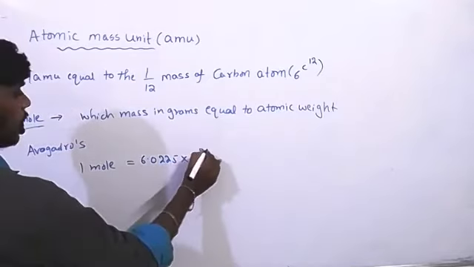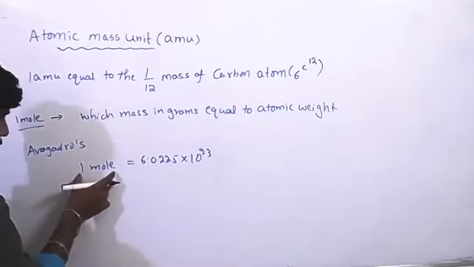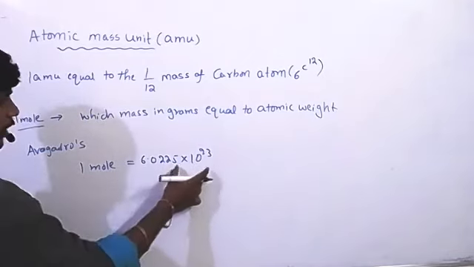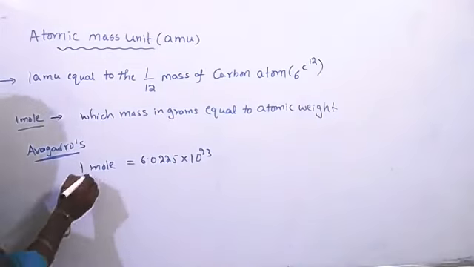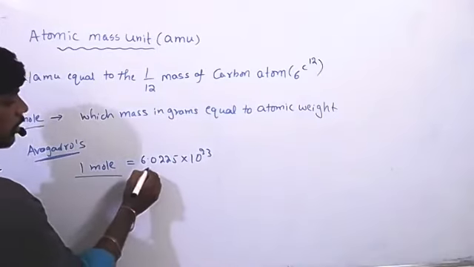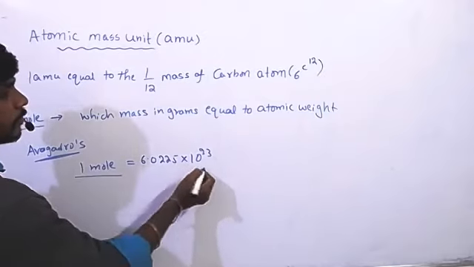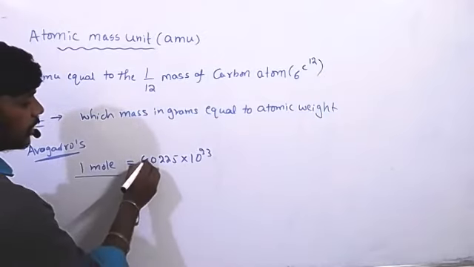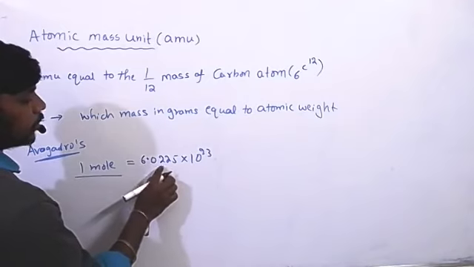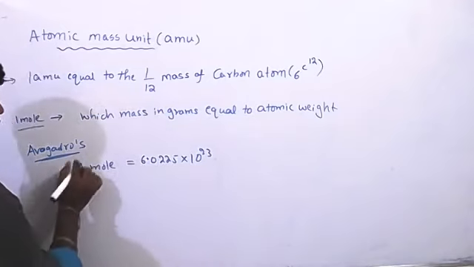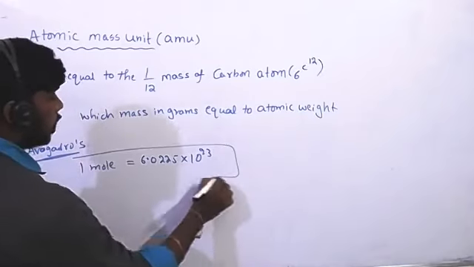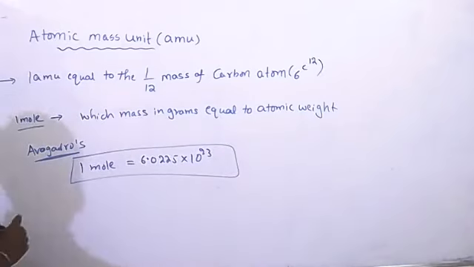This is the Avogadro number. So in 1 mole, this many atoms will be there, according to Avogadro. In 1 mole, Avogadro number of atoms will be there, which is nothing but 6.022 into 10 to the power of 23.